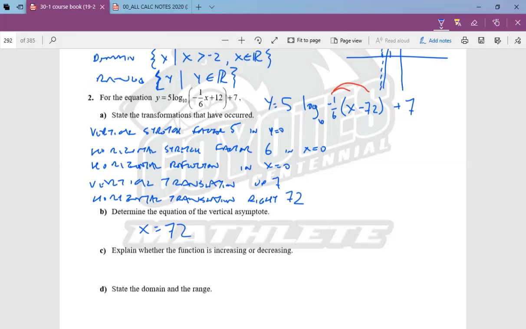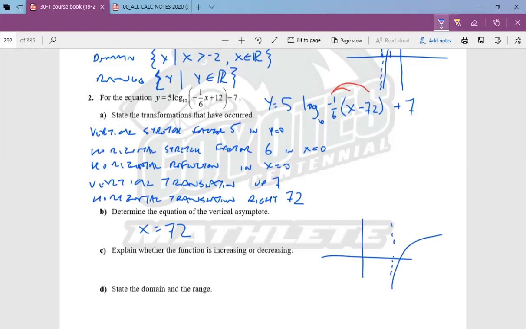Whether this is increasing or decreasing. Now, because this is base 10, you would think that it is increasing. So normally we would have something that looks like this. Here's line x equals 72, and this would be like this. But we have had a horizontal reflection as well.